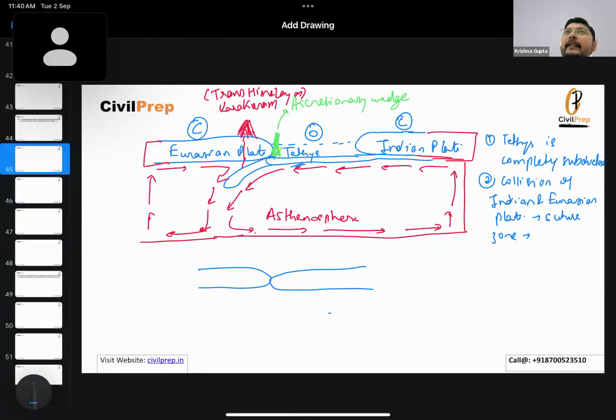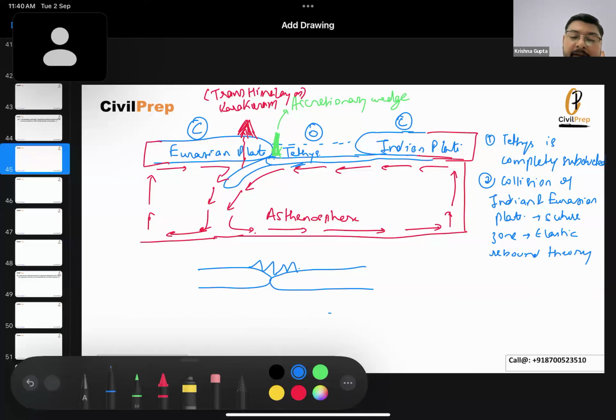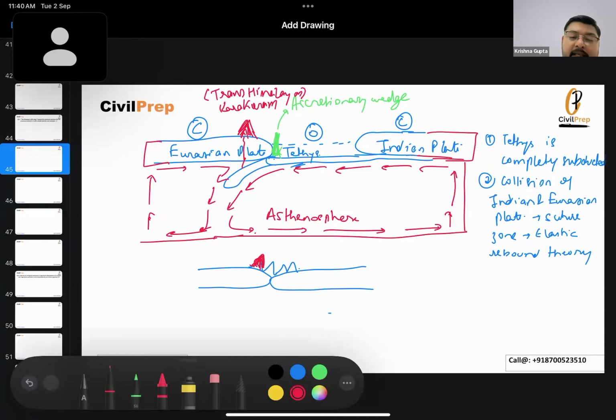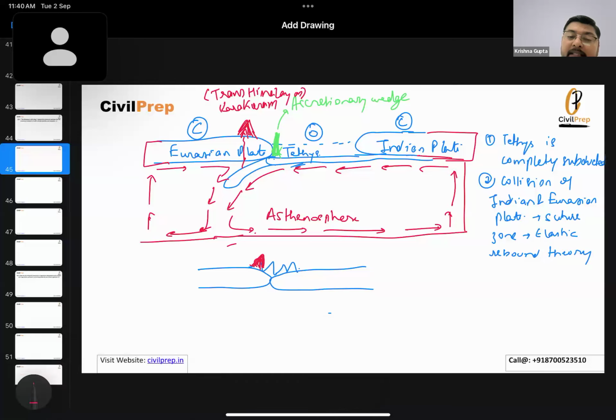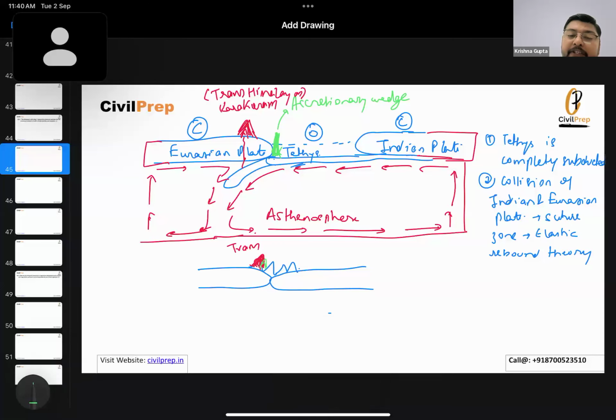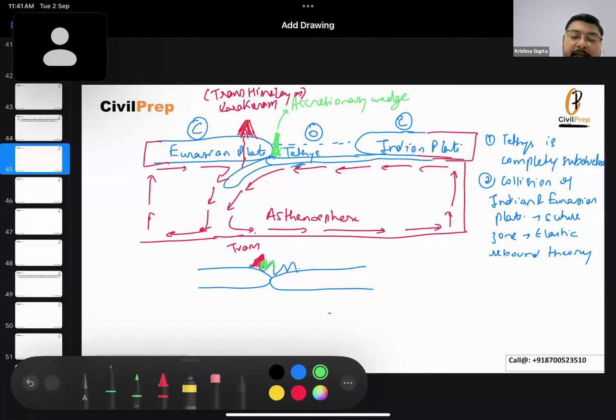The suture zone is explained by the elastic rebound, where there is a deformation in the plate, and the Karakoram ranges, the Ladakh ranges, and the Zaskar ranges become part of the Trans Himalayas, which also consists of certain parts of the accretionary wedges. And a certain accretionary wedge is also deposited over the Great Himalayas.